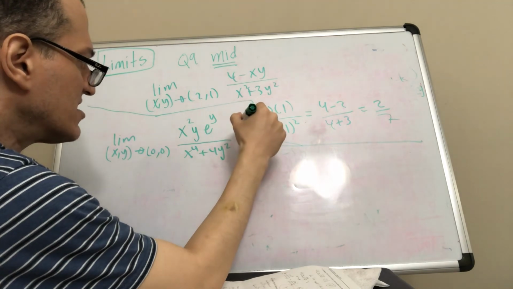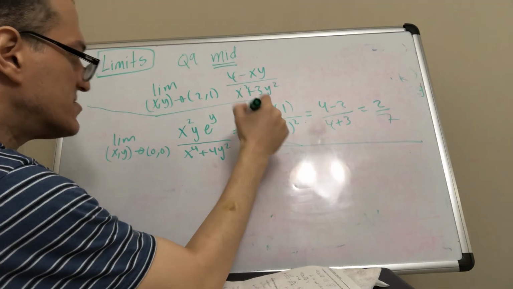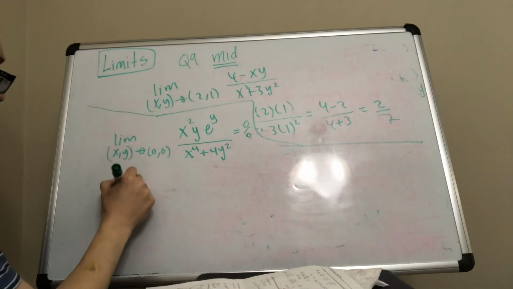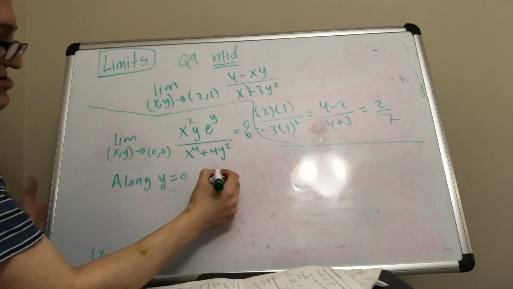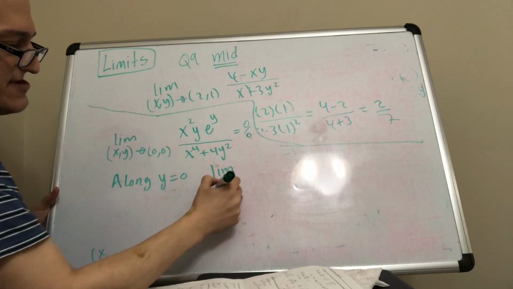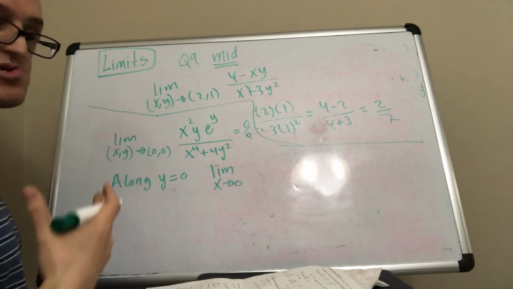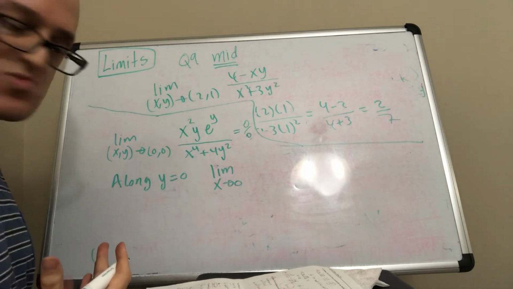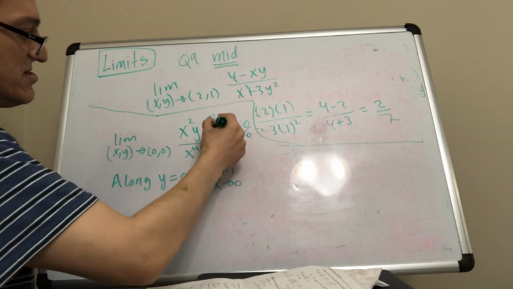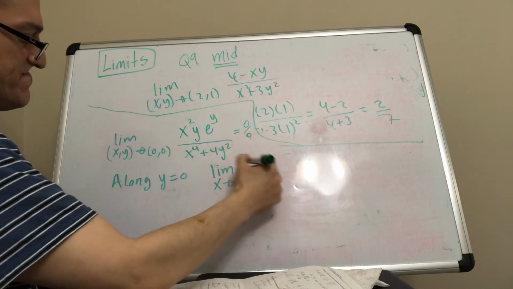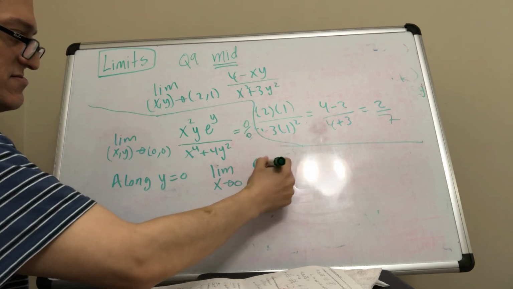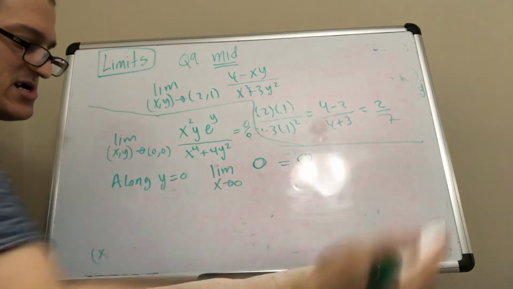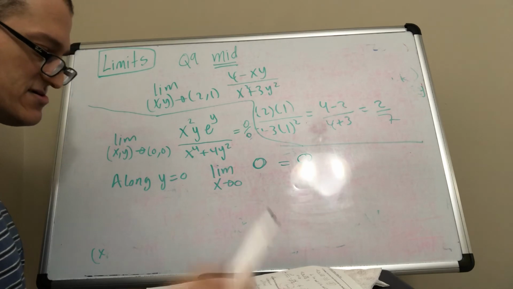You first plug, and that's 0 over 0. So we can do along y equals 0 and see what we get. It could be inconclusive, and then you need to do more work. y equals 0 will make this 0, and the limit of a constant is the constant.